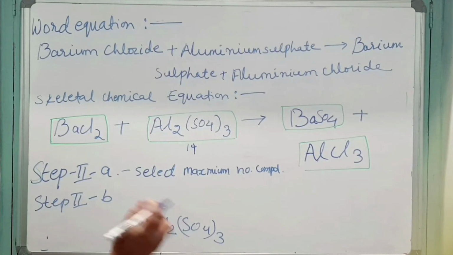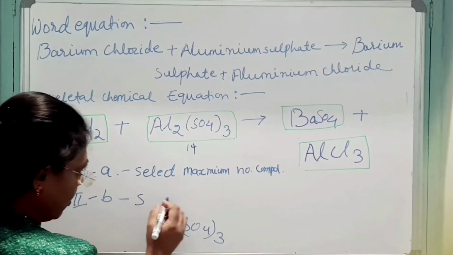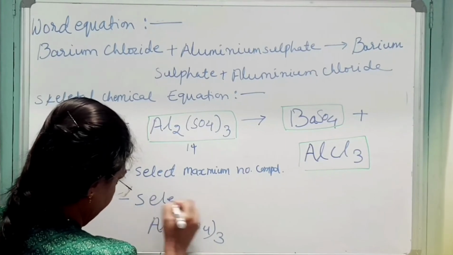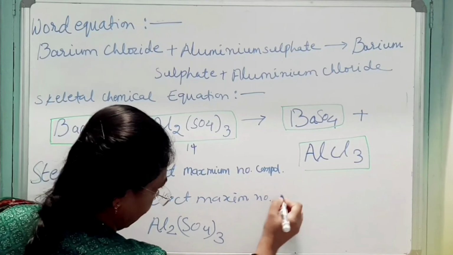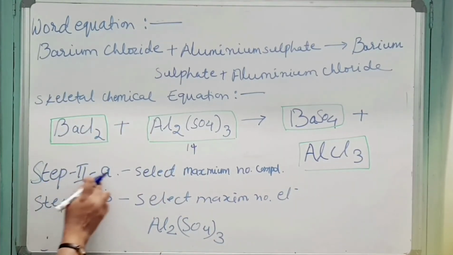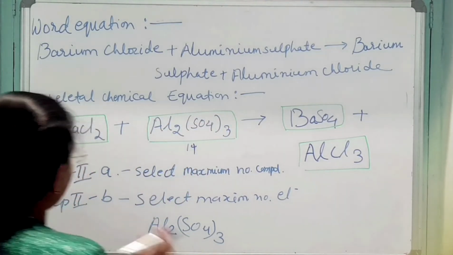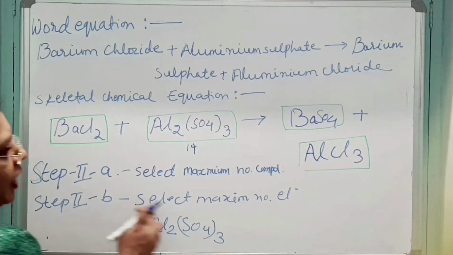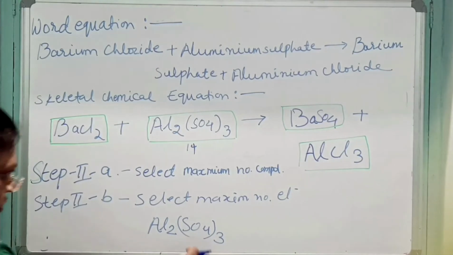Within this compound you have to select the element which has the maximum number of atoms. So select the maximum number element. In step 2A we selected the compound having the maximum number of atoms, and in step 2B we selected the element having the maximum number of atoms.